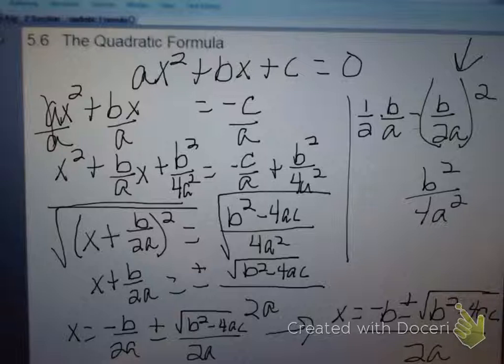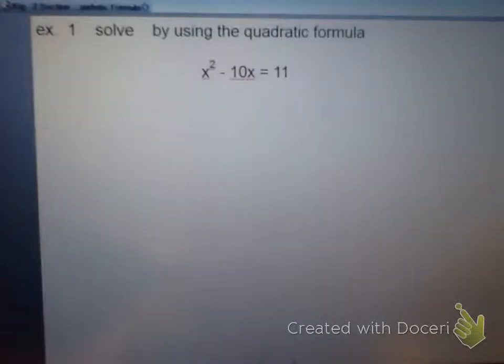And that is the quadratic formula. That is a formula that you must memorize. If you can practice deriving this formula by completing the square, you'll get extra bonus points on your test.